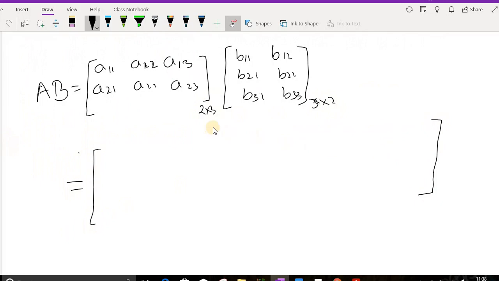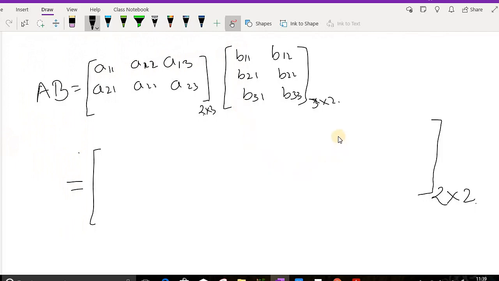What will be the order of the product matrix? 2/2. Okay, this 2 and this 2, therefore it is 2/2. So how will we do the multiplication? To get the first element, you multiply the first row of this matrix with the first column of this matrix.